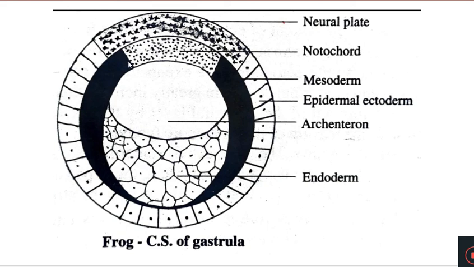So the mesoderm has to come to lie between the ectoderm and the endoderm, because the endoderm also occupies this area. The endoderm will also occupy this area completely, encircling the gut, and the mesoderm comes to lie between the ectoderm and the endoderm. So this is the entire process that depicts gastrulation in frog.